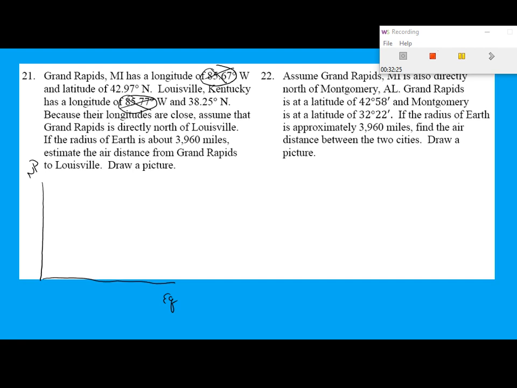Now picture what we're doing. It says Grand Rapids goes 42.97 degrees north. So I'm going to grab my radius of 3,960 miles, and I'm going to rotate that up to where I think 42.97 degrees is. And then right there stands Grand Rapids.